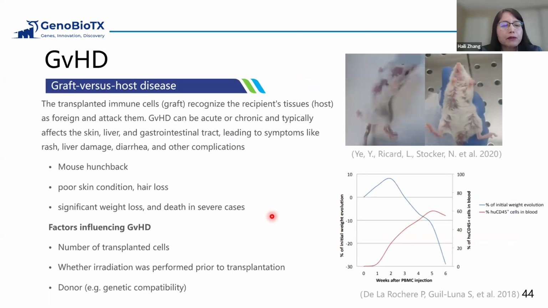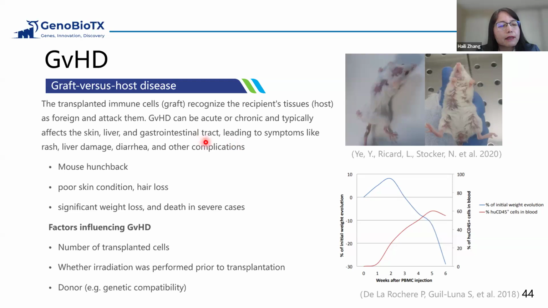However, human immune system reconstitution in NMG mice can cause GVHD, graft-versus-host disease. The basic reason for this disease is that the transplanted immune cells recognize the recipient tissues as foreign and attack them.